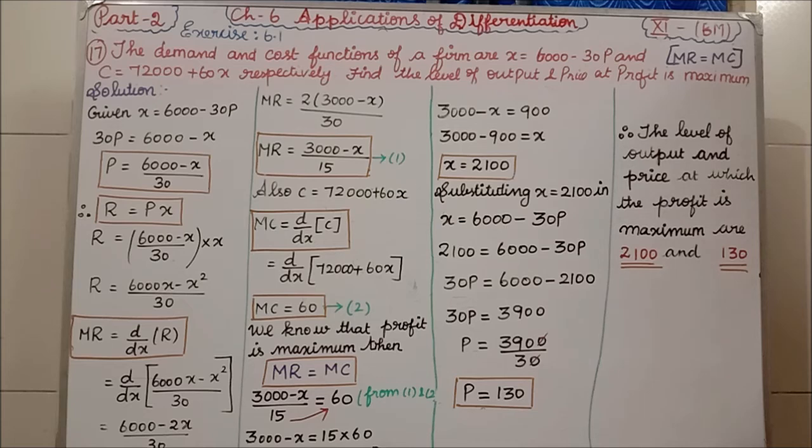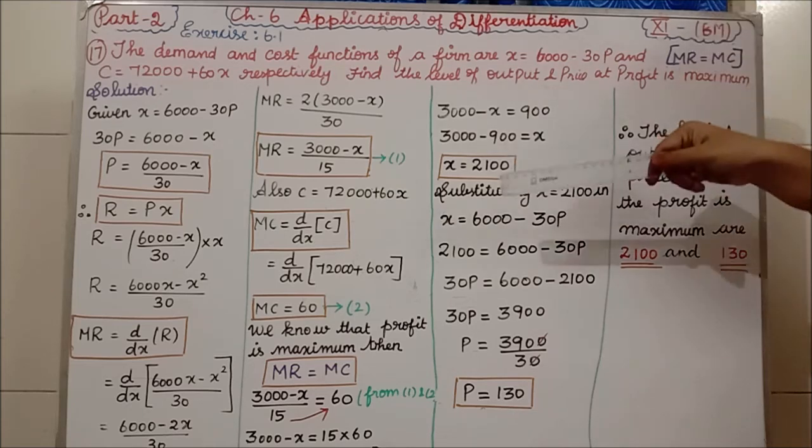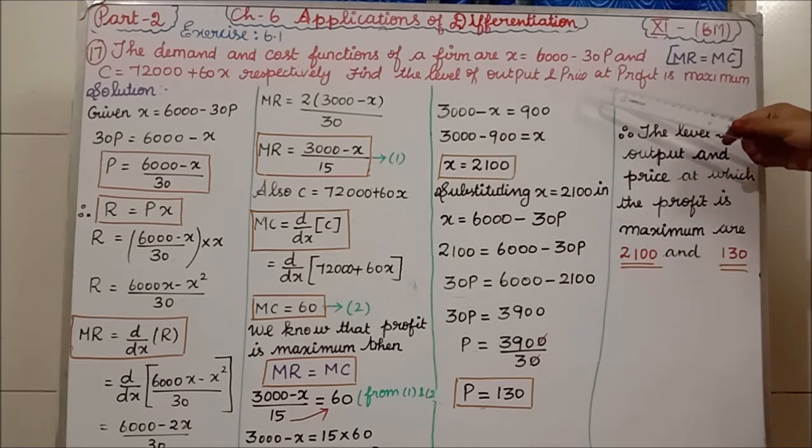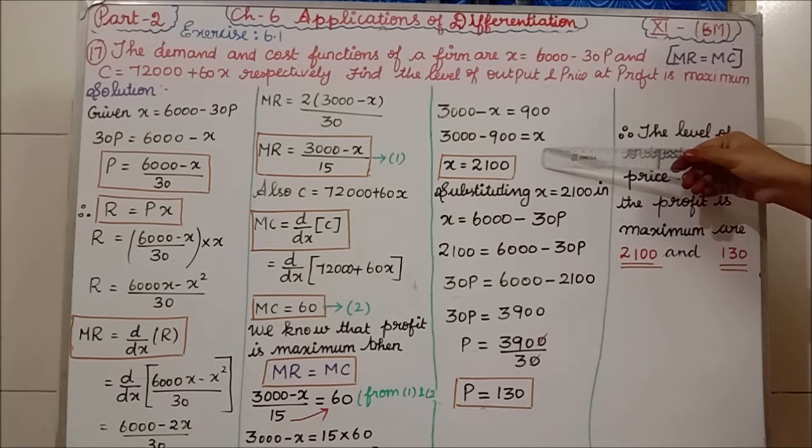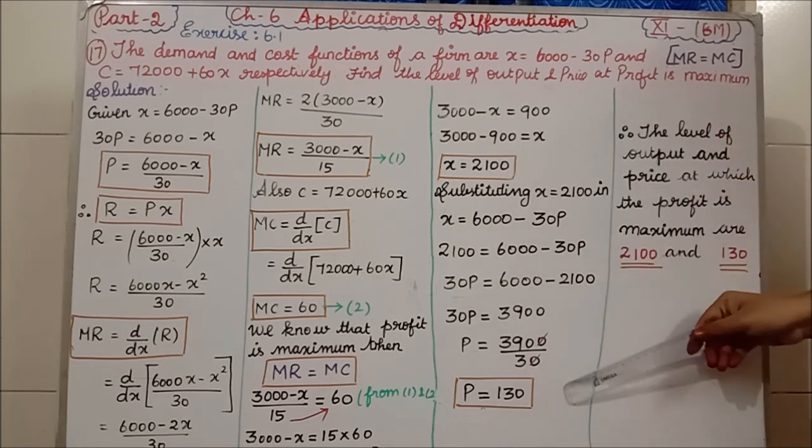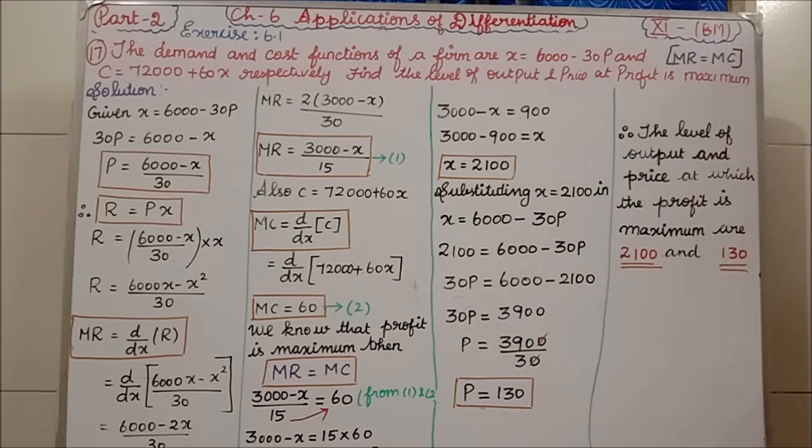Clear? What we have to find in this question? We have to find the level of output as well as the price at which profit is maximum. Now we have got both: the output value is 2100 and the price value is 130. Therefore, the level of output and price at which the profit is maximum are 2100 and 130. Clear, students, all of you?